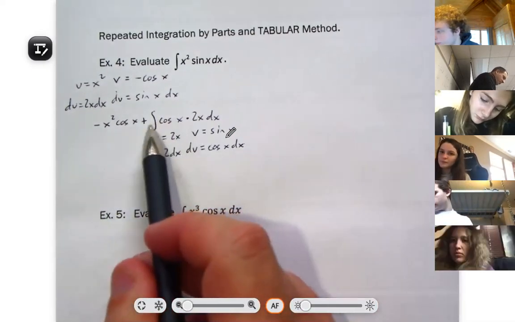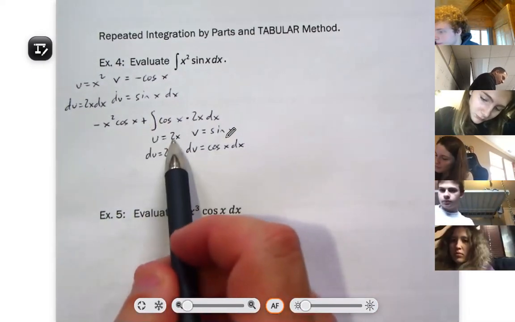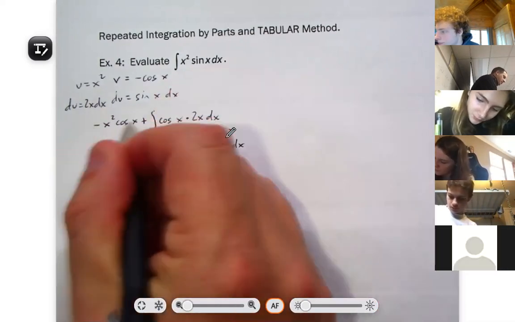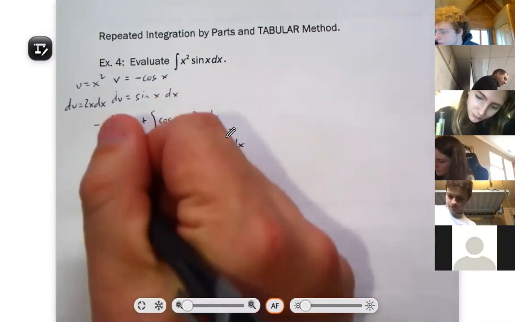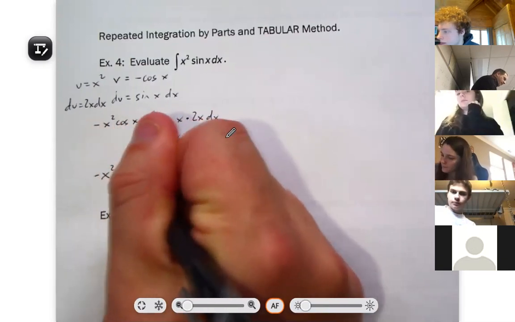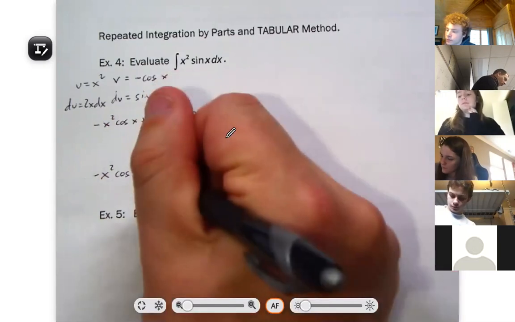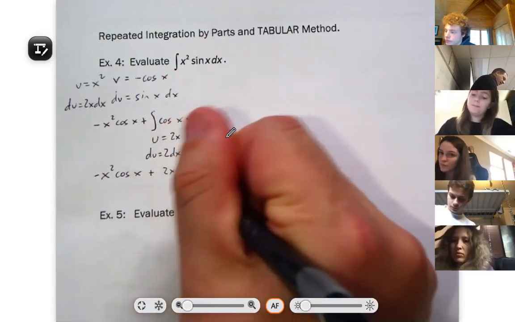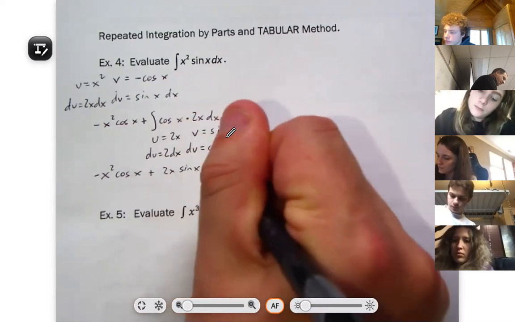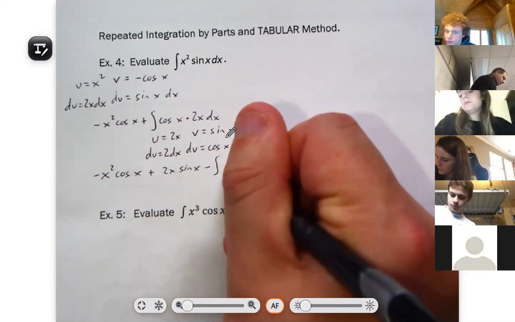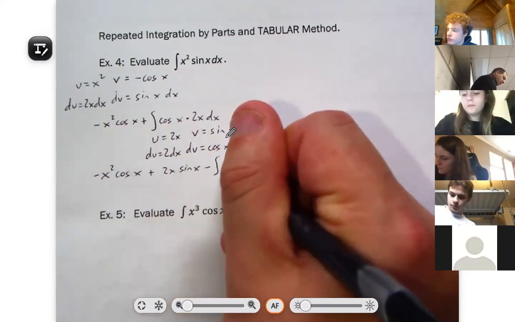All right, so again, we have ultraviolet voodoo. So 2x sine x. I would probably bring down the negative x squared cosine so you don't forget it. That's something I would do. I would forget it. Ultraviolet, so 2x sine x, and then minus the integral of v du. So 2 sine x.